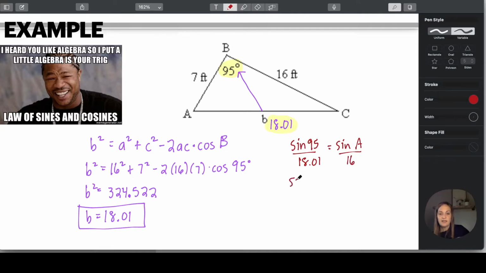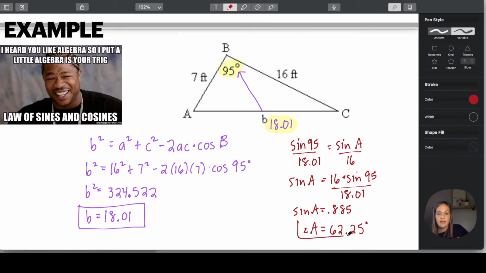So the sine of A is going to be 16 times sine of 95 divided by 18.01. Therefore the sine of A is 0.885. In order to find the angle A, you would do inverse sine of that number, and you will get 62.25 degrees, depending on where you round.